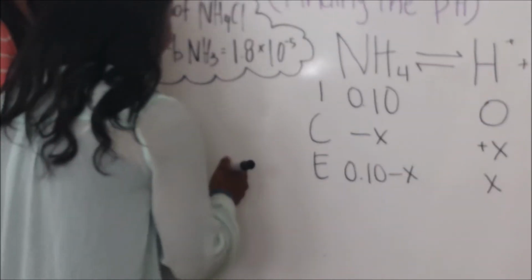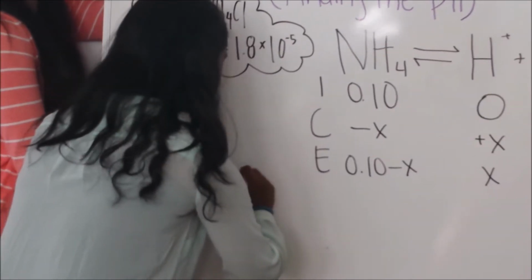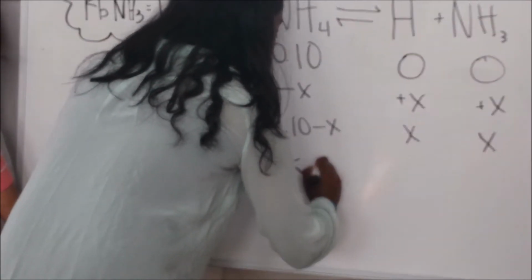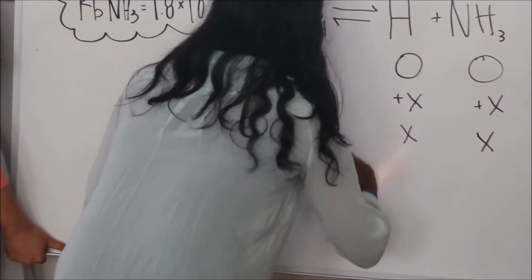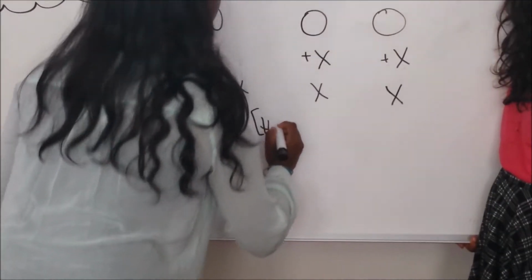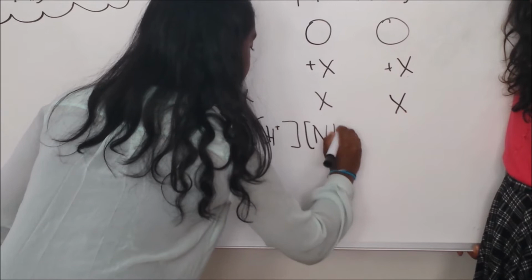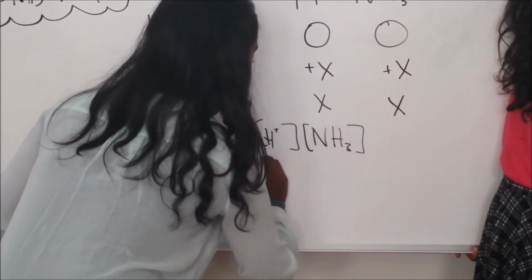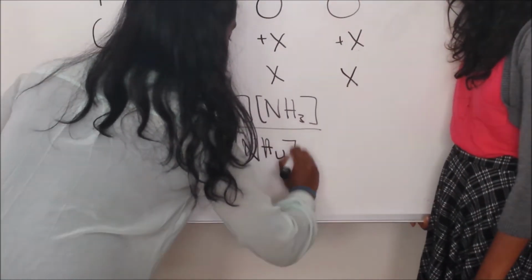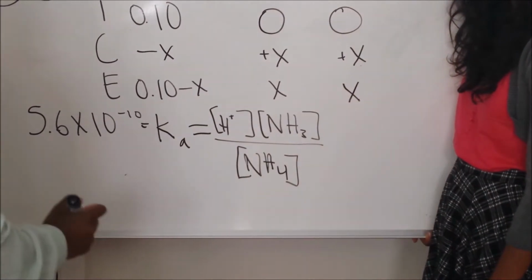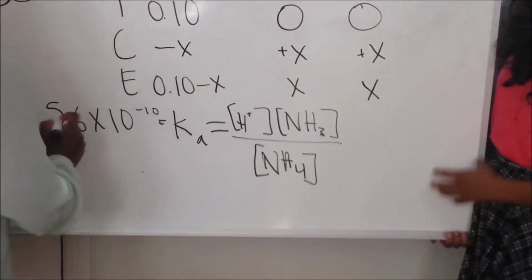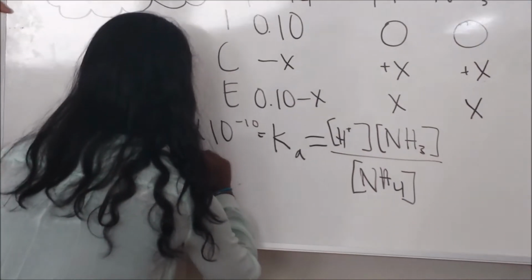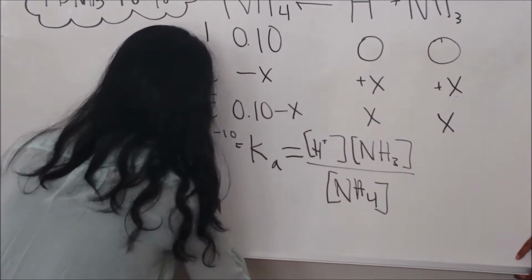Now we will write the equilibrium constant expression. The Ka is 5.6 times 10 to the negative 10. And the equilibrium constant expression is the concentration of the hydrogen ion times the concentration of ammonia over the concentration of the ammonium ion. Plugging in the values that we got from the ice table, we get x squared over 0.10 minus x.